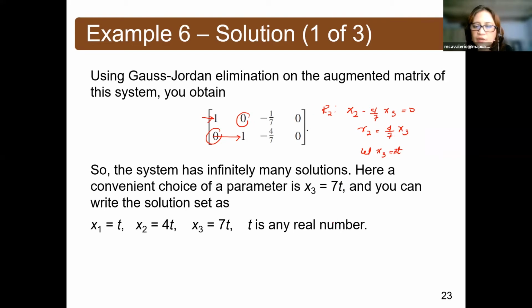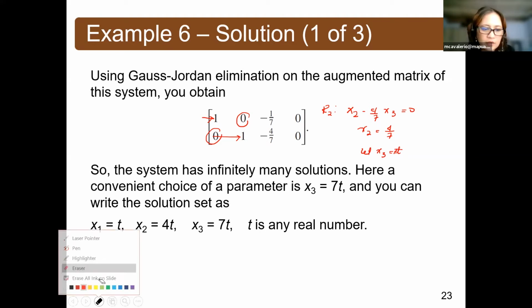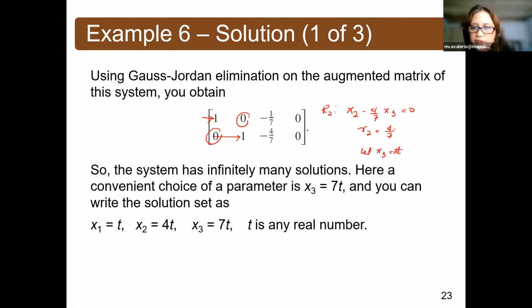Then we have 4 over 7 x sub 3, but x sub 3 is 7t. Therefore, x sub 2 is equivalent to 4t.